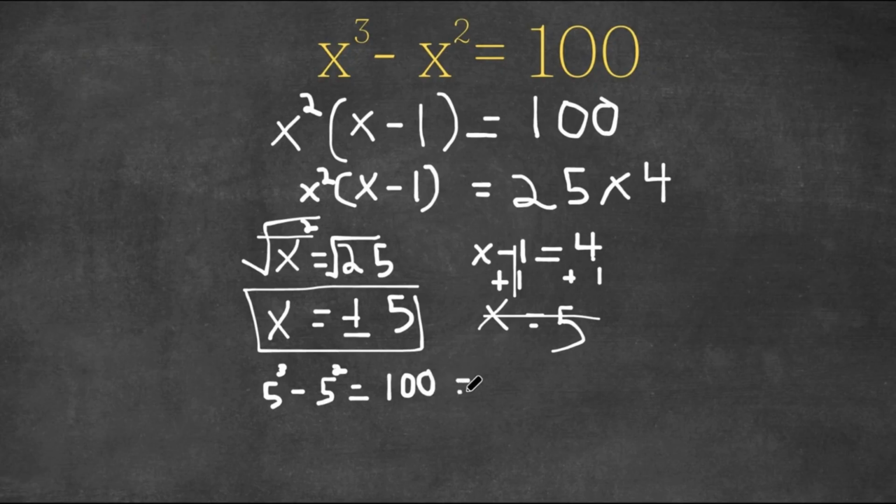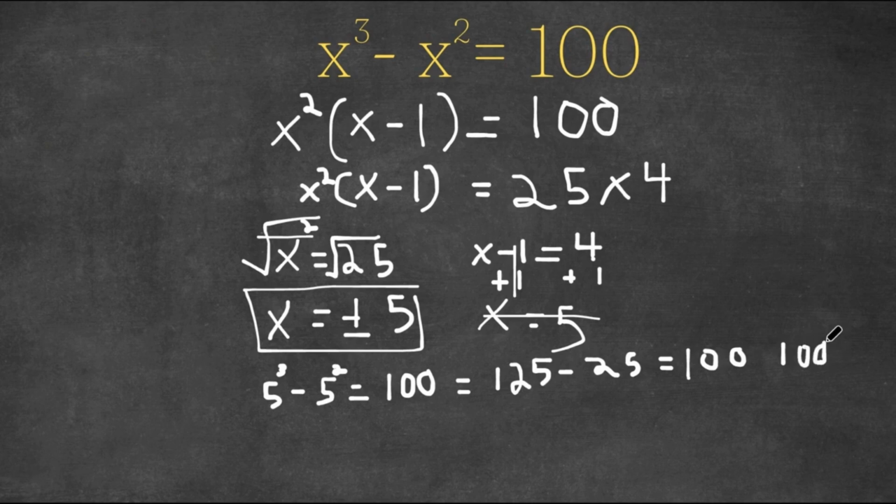Now, 5 to the power of 3 is 125, and minus 5 squared is 25, and 125 minus 25 is 100. So 100 equals 100, and this is right, so 5 is a solution.